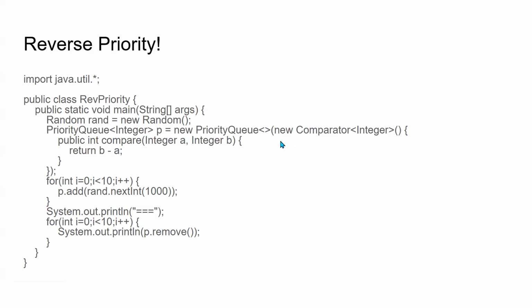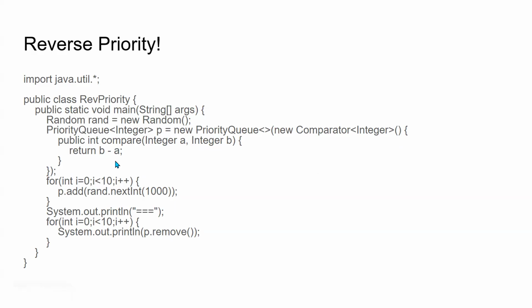And so I'm going to say new Comparator<Integer>. Like a comparable, it takes this angle bracket with a type. And then I have a public int compare method. And this type here matches the type of these two arguments here. And in this case, to get the normal order, I would say return a minus b.